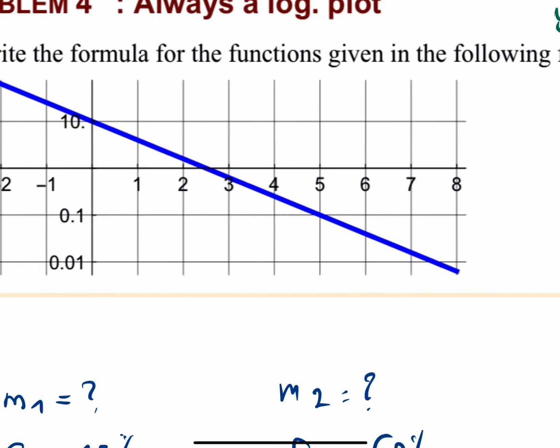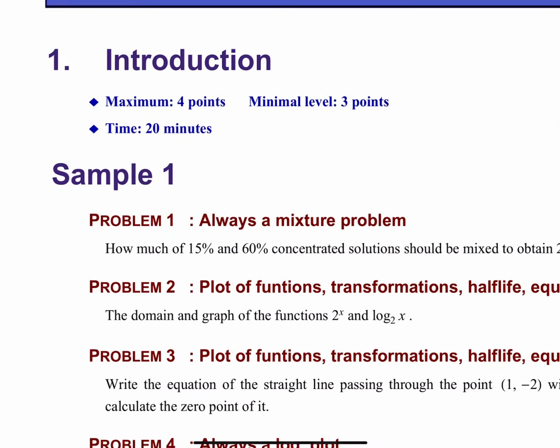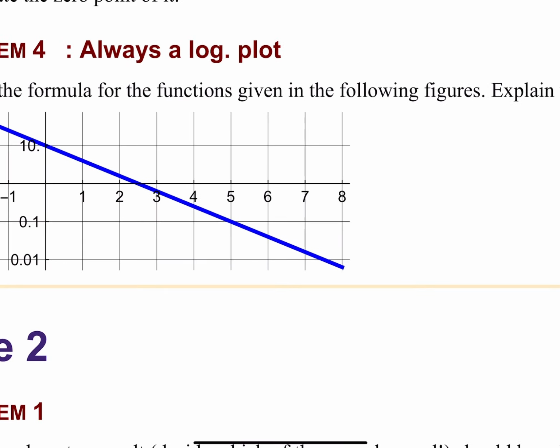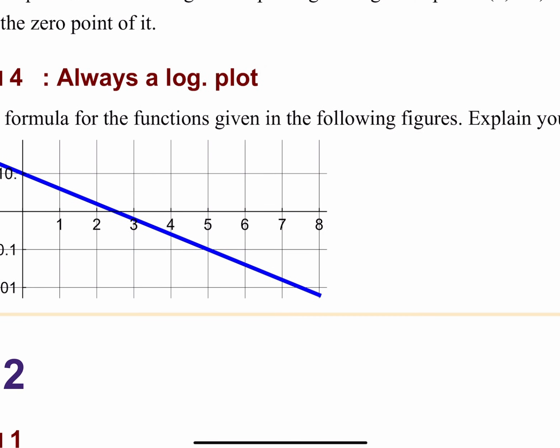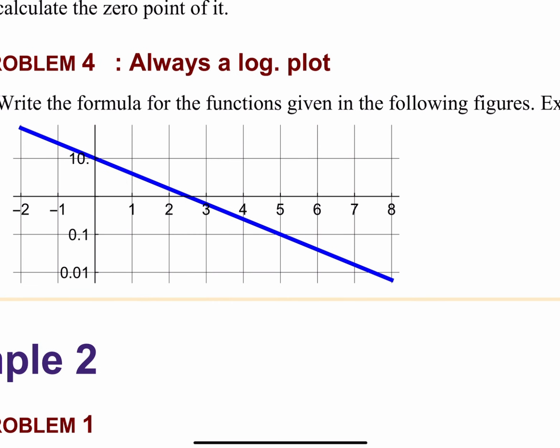The other question says: write the formula of the function given in the following figure, and explain the solution. We have to know how we can find this equation. This graph is partially logarithmic: the x-axis is normal, but the y-axis is logarithmic.